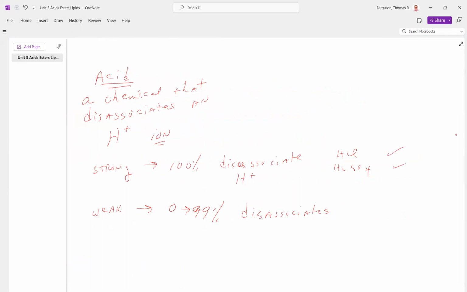The weak acids, there are probably a couple million of them. So we went from 7 strong acids to millions of weak acids. And most organic acids are weak.